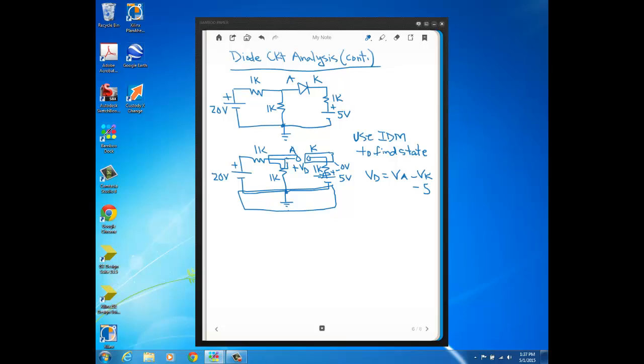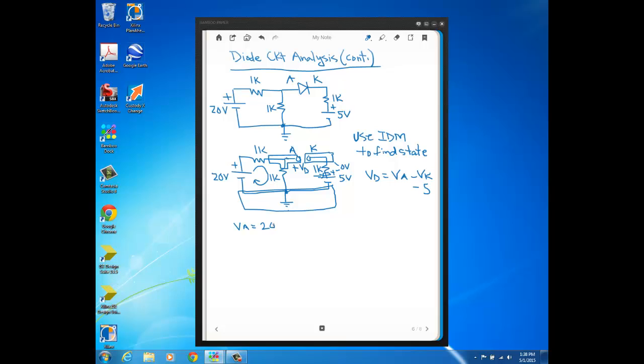VA is the voltage at this node with respect to ground, and that's equal to the voltage across this 1K. One way to get VA is to use voltage divider, because we have a series circuit here. Current is only flowing in this path since no current flows through the open. Anytime I have a series circuit, a single path for current to flow, I can find voltage across series resistors with the voltage divider equation. Again, that's from your 201.